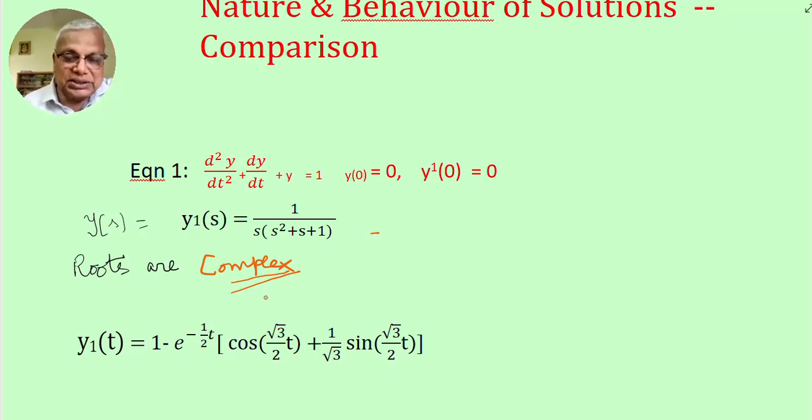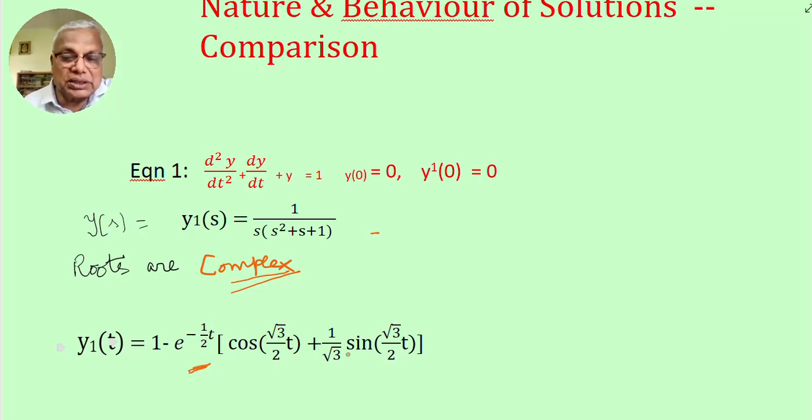In such a case, the solution will have a cos plus sine term multiplied by an exponential term. This exponential term is e power minus t, a negative power, so it's a decaying term.